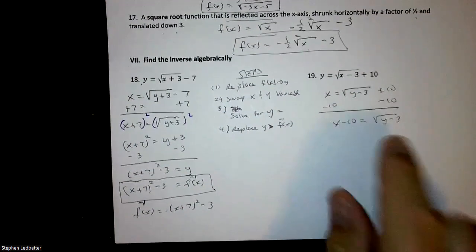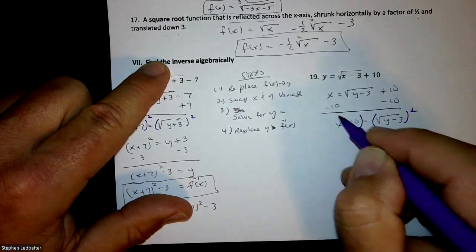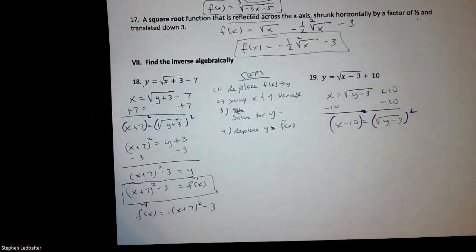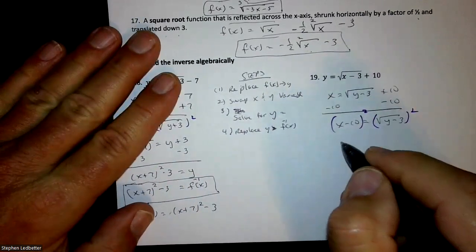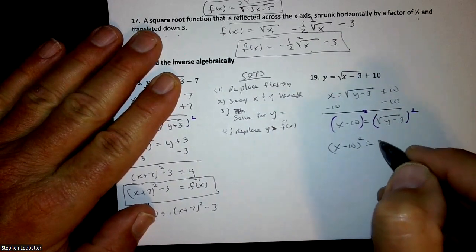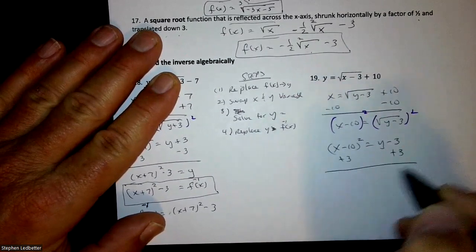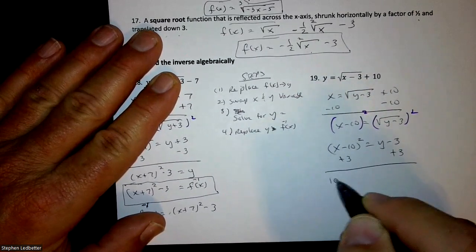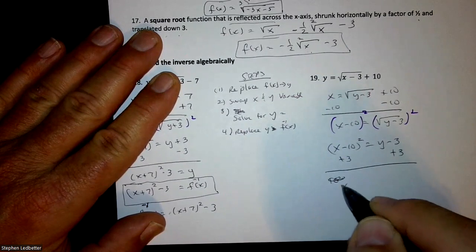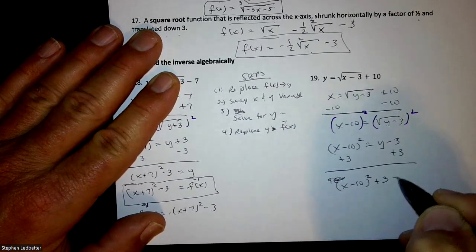Now I'm going to square both sides because that's a square root. x minus 10 squared. These cancel out, so we got y minus 3. Add 3 to both sides. So now I got x minus 10 squared plus 3 equals y.